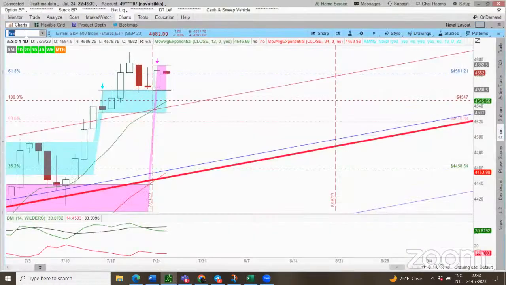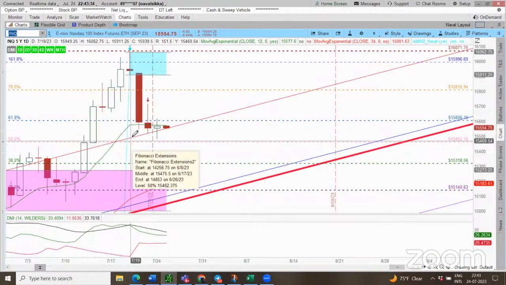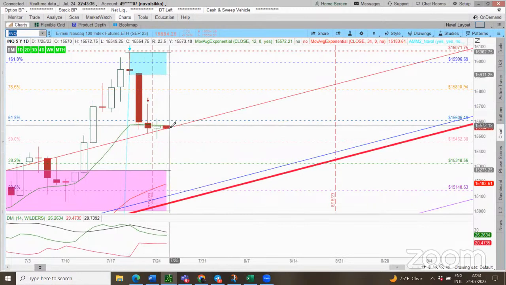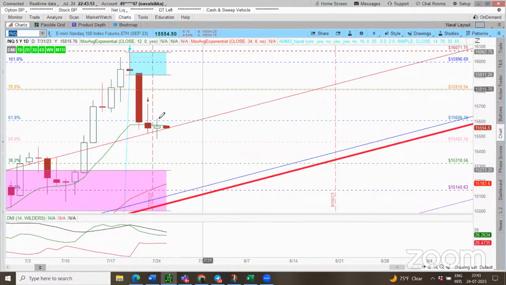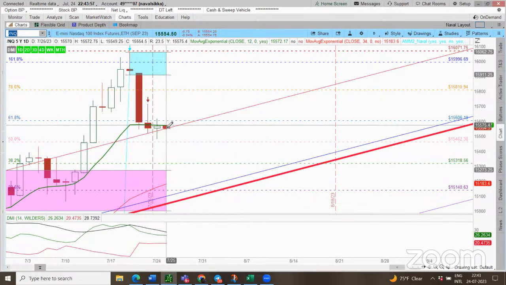Moving on to NQ. NQ is not able to breach the 12 EMA. NQ is showing weakness. Even today, Amazon and Google opened up higher but were not able to hold. This is clearly a resistance shown by the 12 EMA, 575 area.